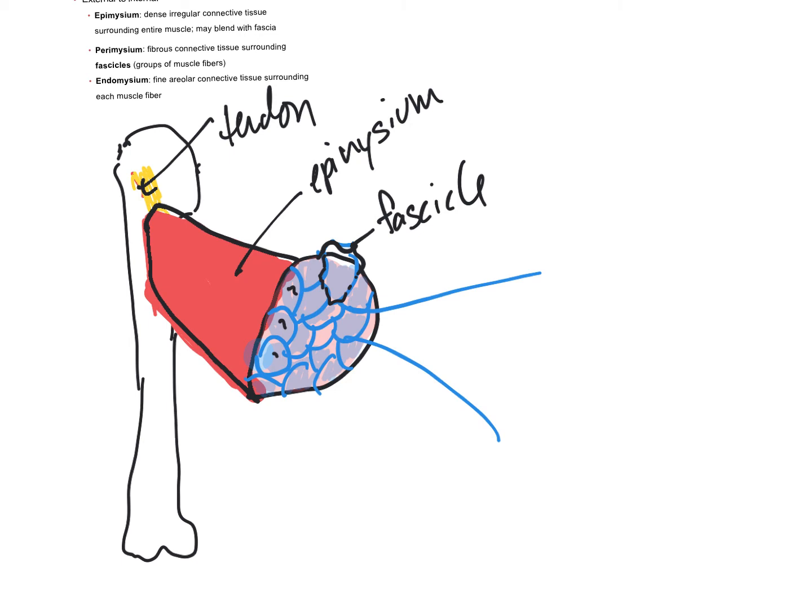And on the outside of that fascicle, this blue connective tissue lining is called the perimysium.